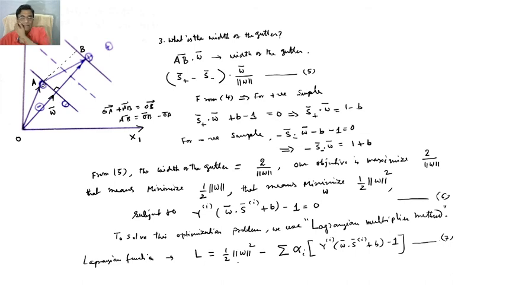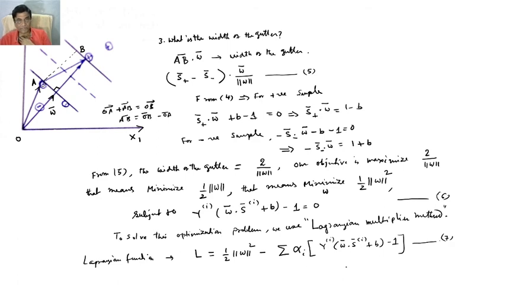Definitely, you know what I am looking for: the values of the parameters W and B. Samples are given to me, class labels are given to me, so I need to figure out the parameters W and B. And how can you do that?